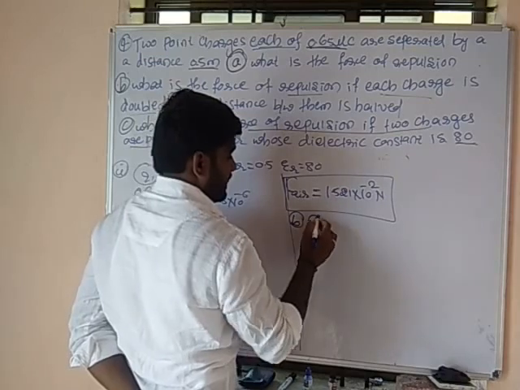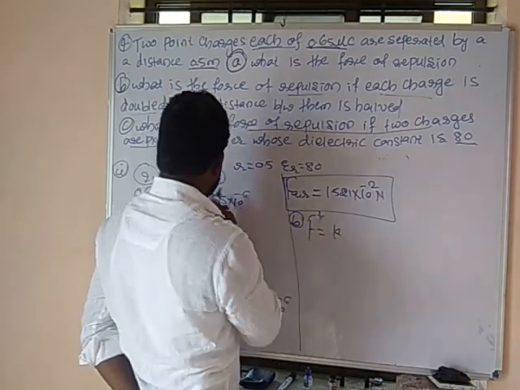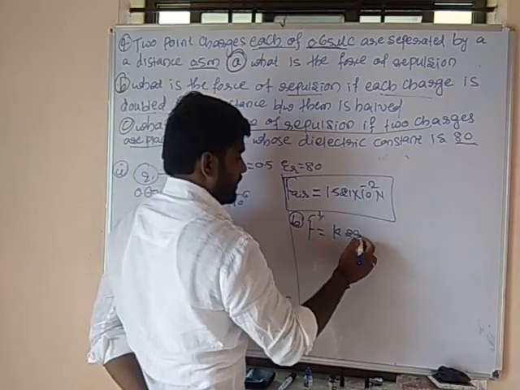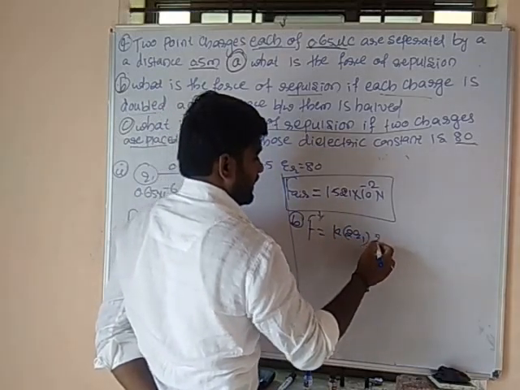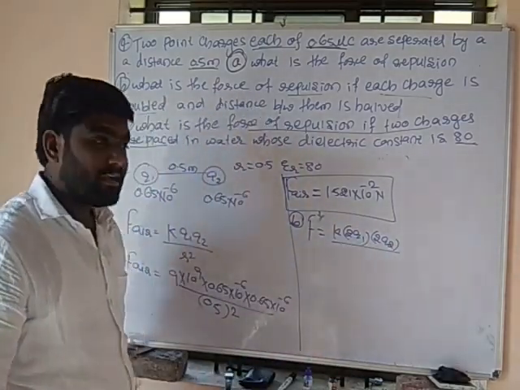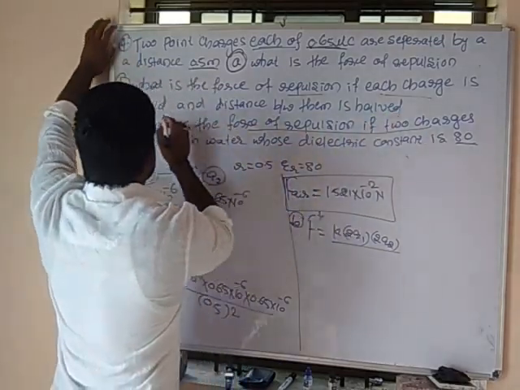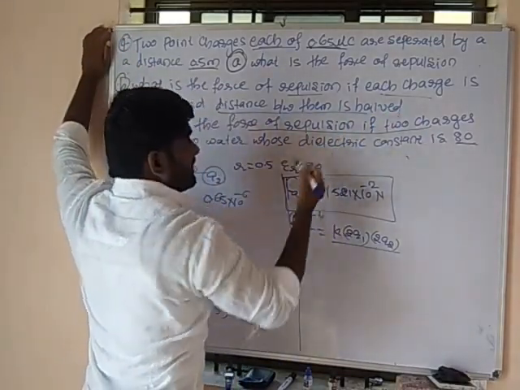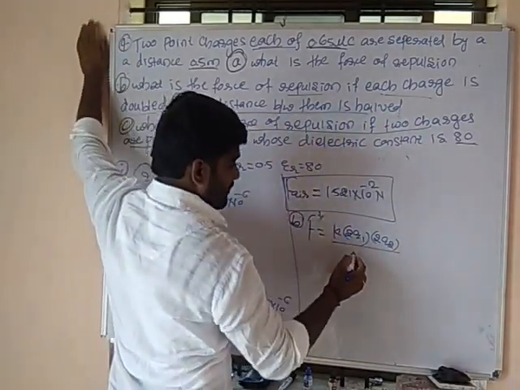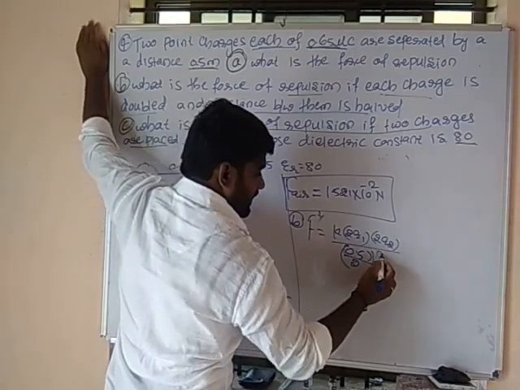F dash is equal to K, instead of Q1 I write 2 Q1 into 2 Q2 whole divided by R square. Then what is told here is that the distance is halved. Distance is halved means 0.5 divided by 2, squared.